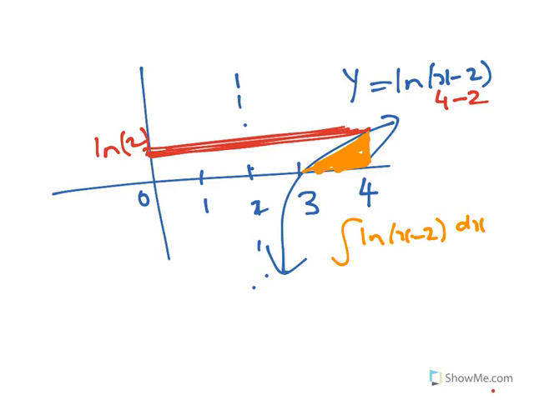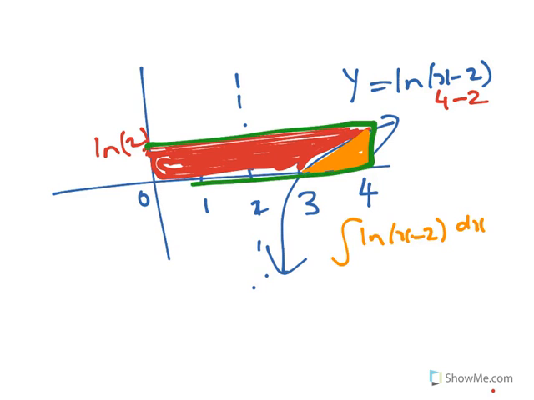Okay. So I want to get this area in here because it's going to help me get this yellow area here. So basically what we're going to do is we're going to use this rectangle, find that area, and then you're going to take away that area there, the red area.